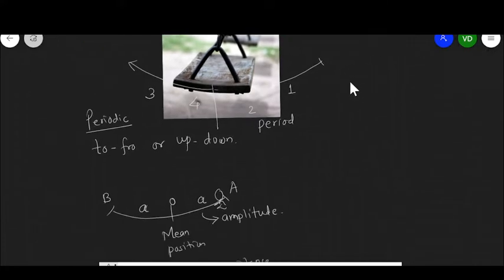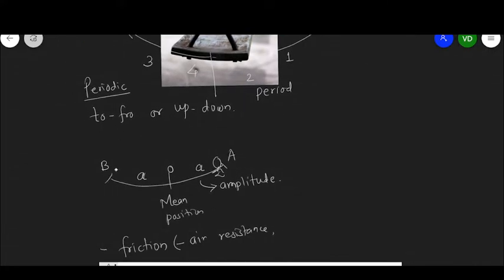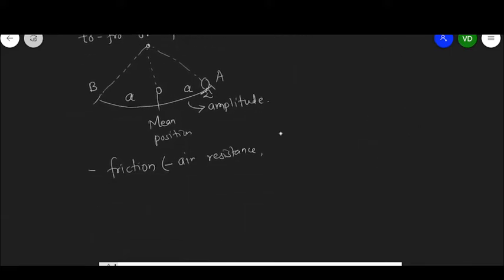In this image we are not able to see this, but it will be tied somewhere, around that fixed point. So there will be friction because of the moving parts, and that is one of the reasons why the amplitude reduces with time. So I can write: at the support we can have friction.